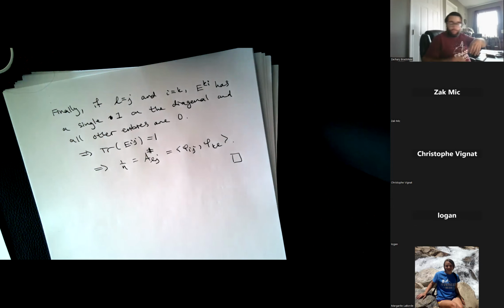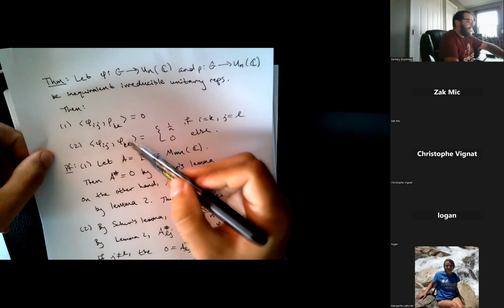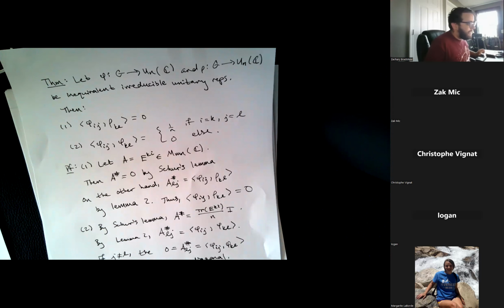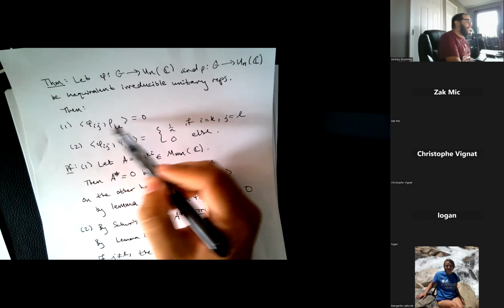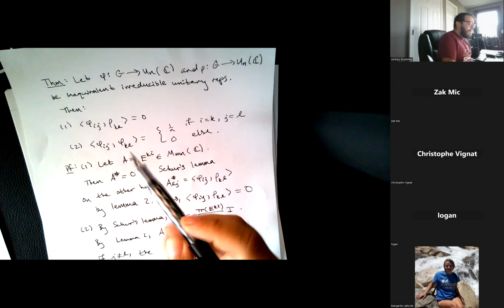So that gives us Schur's orthogonality relations, which are these two relations here. If I have any two unitary irreducible representations that aren't equivalent to each other, then their components are orthogonal in that group algebra.